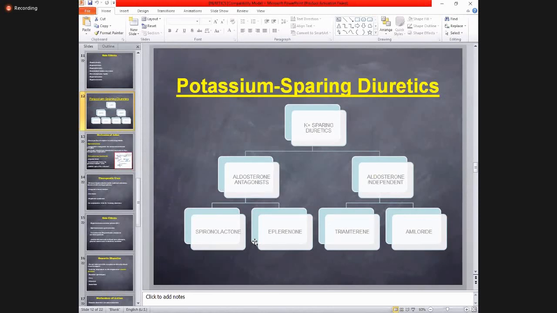The carbonic anhydrase inhibitor can be used as an adjuvant drug in the treatment of epilepsy, along with the main anti-epileptic drug, right? It is also used in mountain sickness, and this group has very much importance especially in the treatment of glaucoma. So this is all about it.